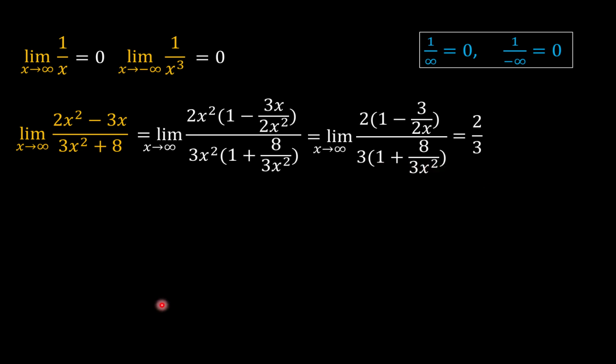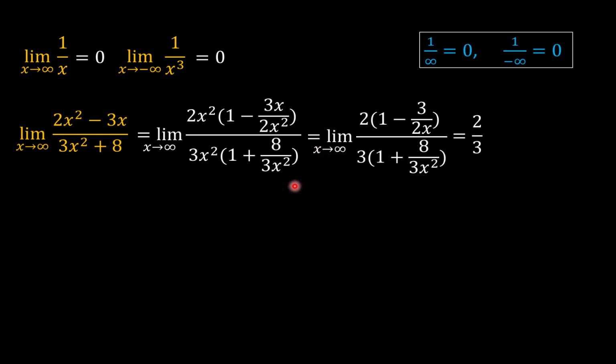This example also shows a general principle for computing limits of rational functions. That is, you can look at the highest degree terms and then simply throw away the remaining terms. And that will give you the same limit as x goes to infinity or minus infinity.